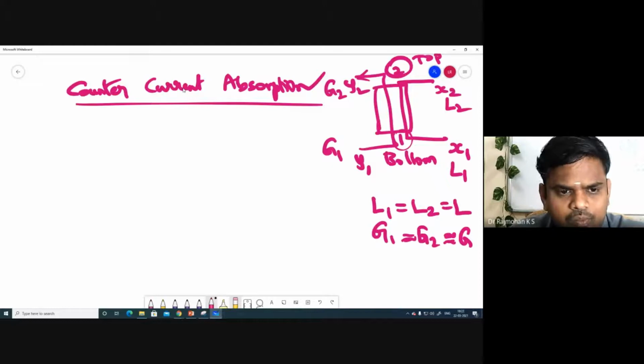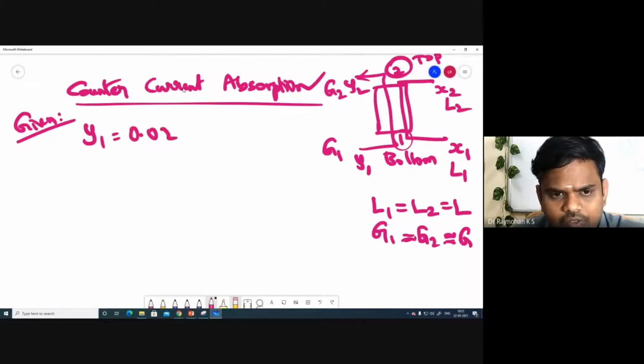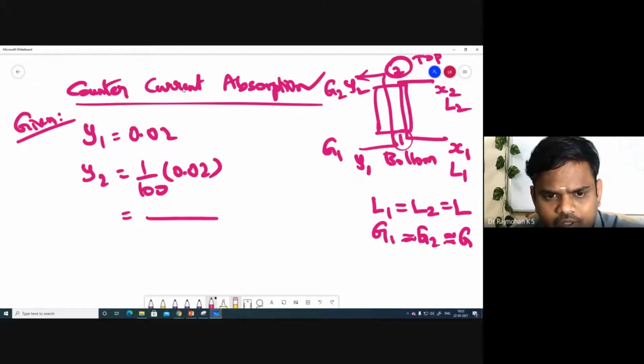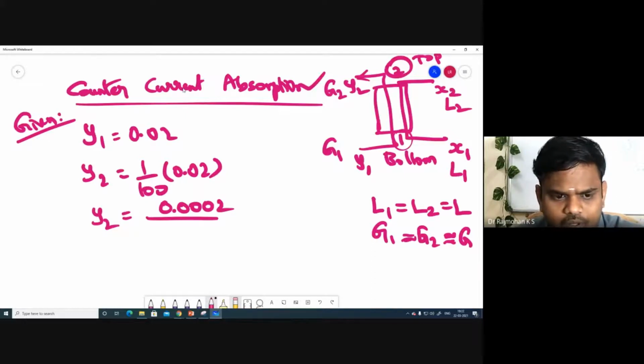Now how to proceed with this? Y1 is given data, so let us write the given data. y1 is given as 0.02, and y2 is given as 1 by 100 of this value, so more zeros are added: 0.0002 is the y2 value. It is given that pure water is entering, or pure solvent is entering, so x2 equal to 0.